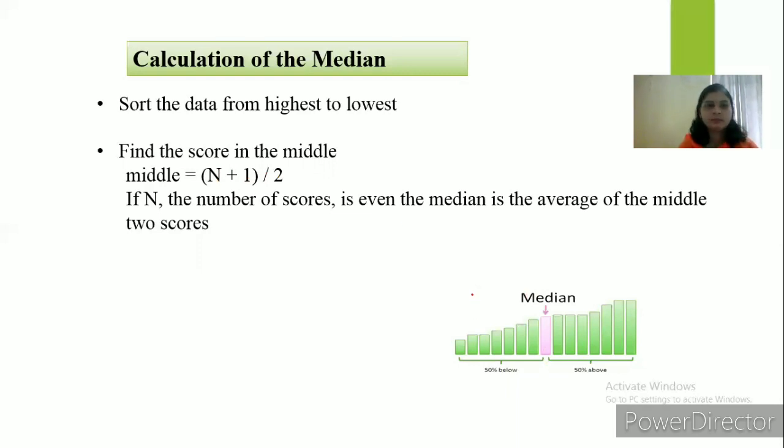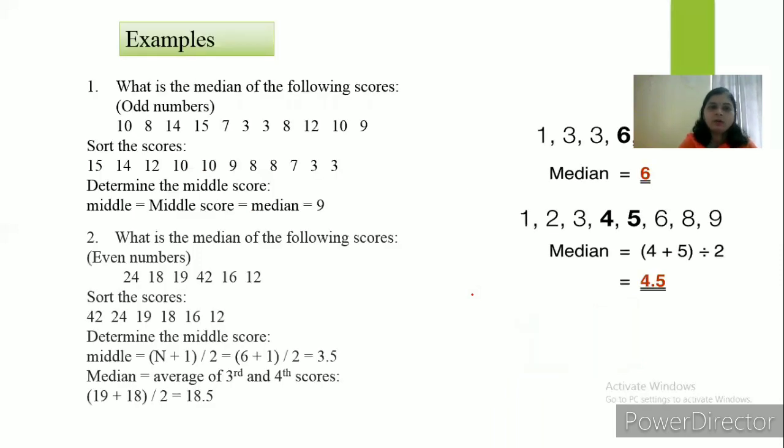Okay. Then next, for example of this median, this is the observation of odd numbers. How many observations? We have about 1, 2, 3, 4, 5, 6, 7, 8, 9, 10, 11, 12, and 13. Then sort these observations in descending order and determine the middle one.